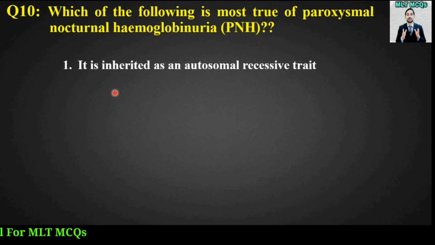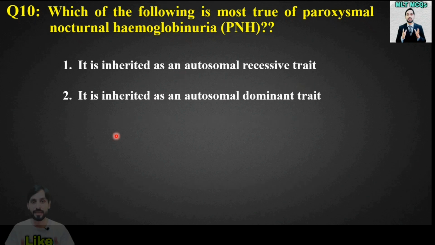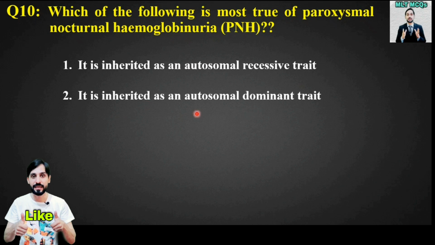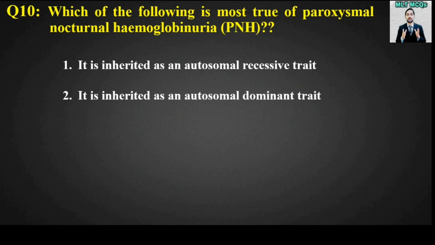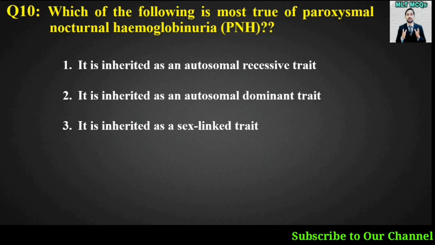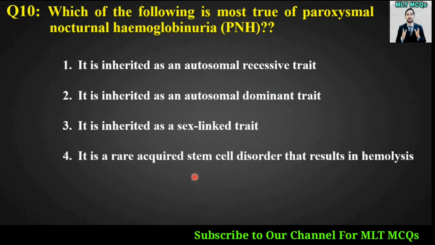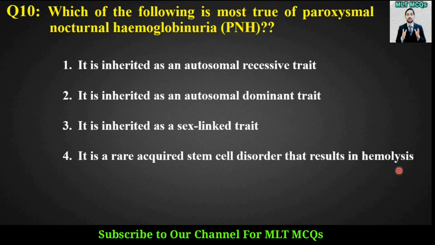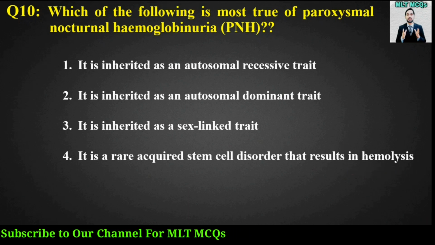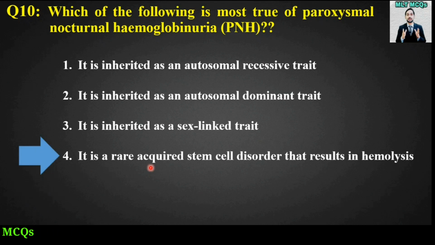Options are, it is inherited as an autosomal recessive trait, it is inherited as an autosomal dominant trait, it is inherited as a sex-linked trait, it is a rare acquired stem cell disorder that results in hemolysis. So the right answer for this MCQ is option number 4. It is a rare acquired stem cell disorder that results in hemolysis.